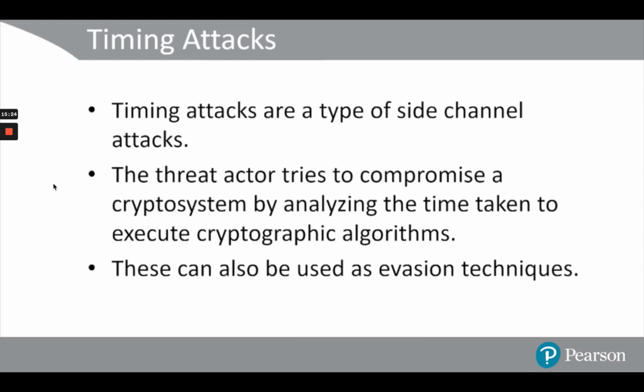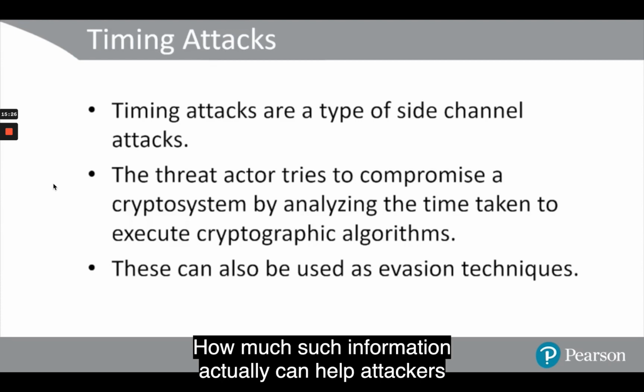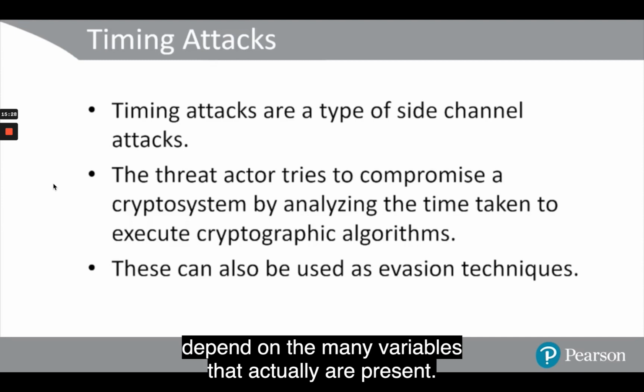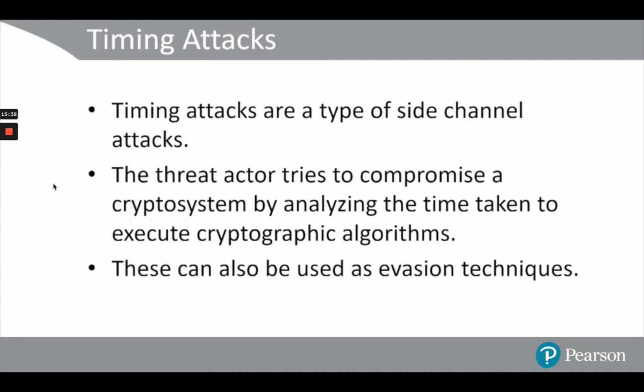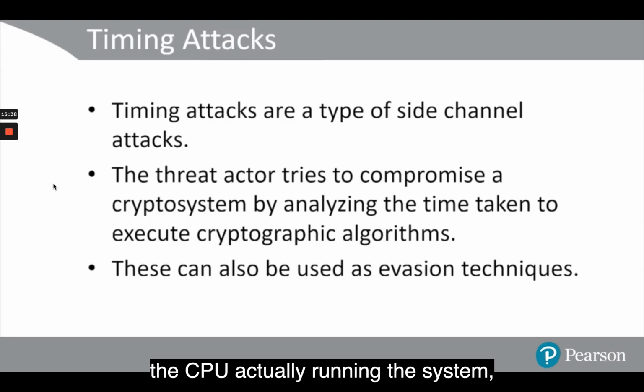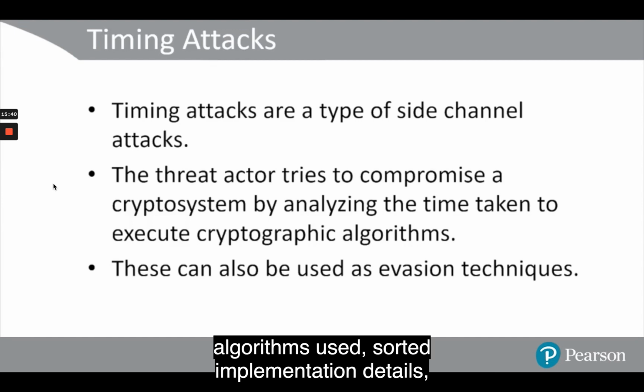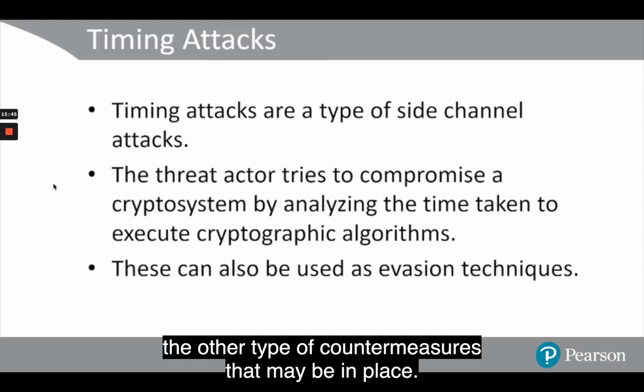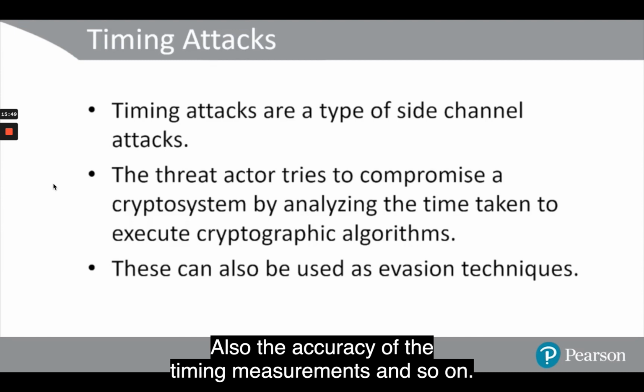How much such information can help attackers depends on the many variables that are present. That includes the crypto system design, the CPU running the system, algorithms used, assorted implementation details, the other types of countermeasures that may be in place, the accuracy of the timing measurements, and so on.